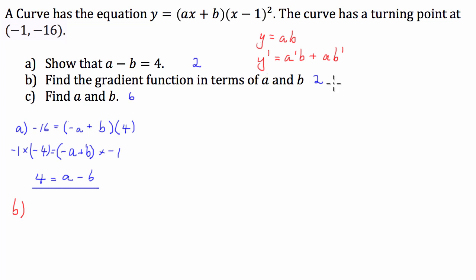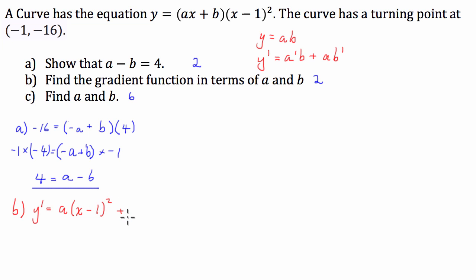Alright, so now using this rule, we're going to differentiate this. So y prime is going to be equal to the derivative of the first bracket. The derivative of ax plus b is simply a, and we leave the second part constant, (x minus 1) all squared.